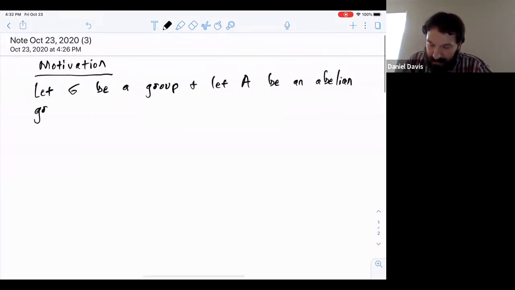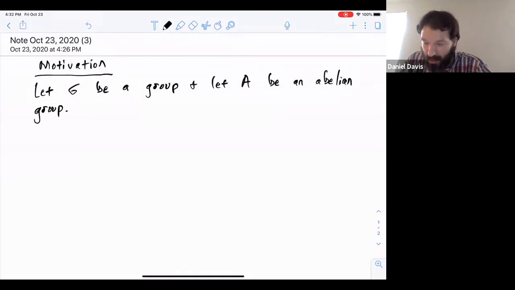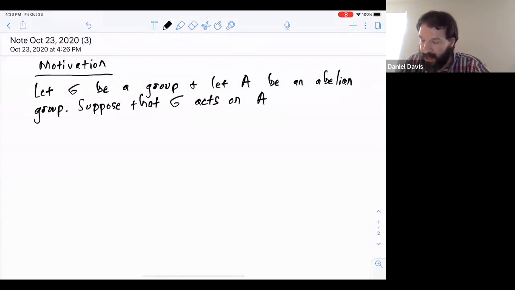Okay. So now we suppose that G acts on A. This is a group action, but we assume that the group action is by group homomorphisms.